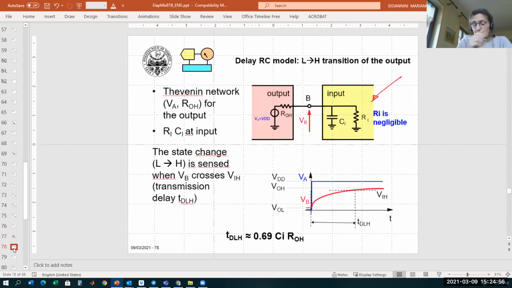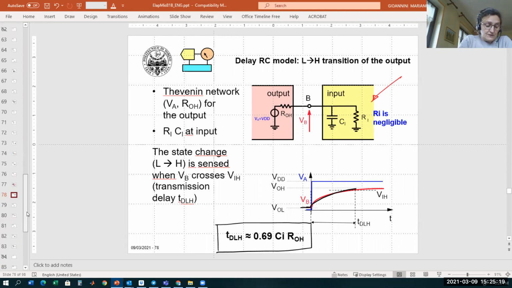So as shown here, we can approximate the delay, and in this case it is the delay for a transition of the output from low to high state.